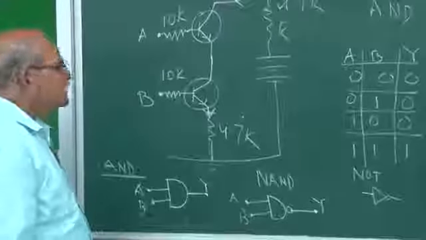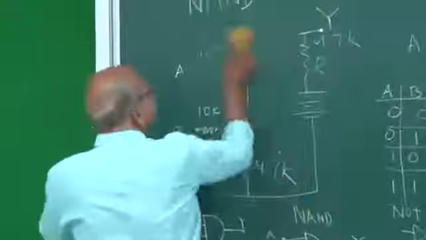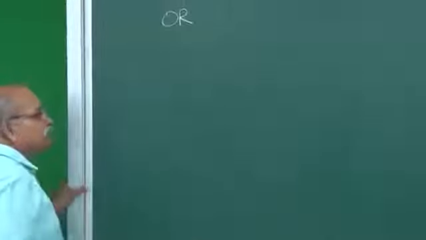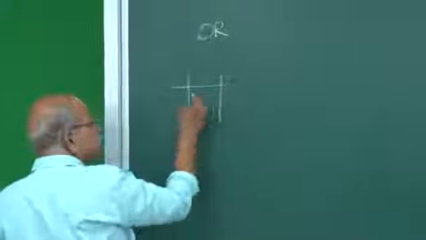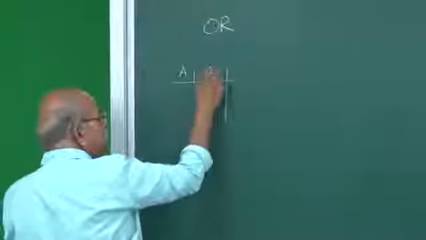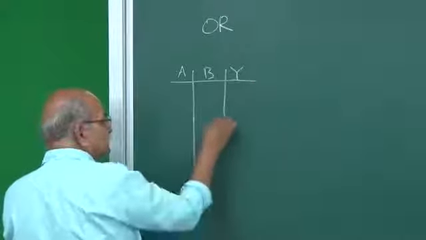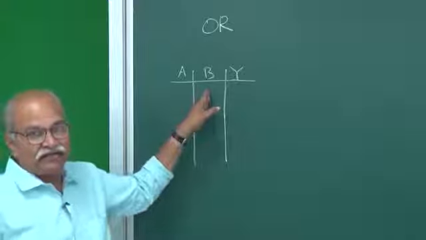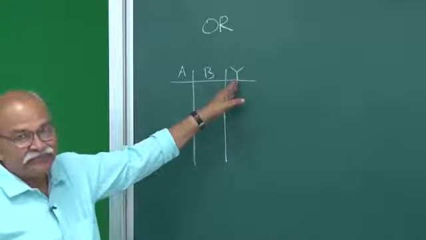Okay, now the next will be OR gate. The OR gate means A, B, Y, and then if any of these two inputs is high, this should be high.